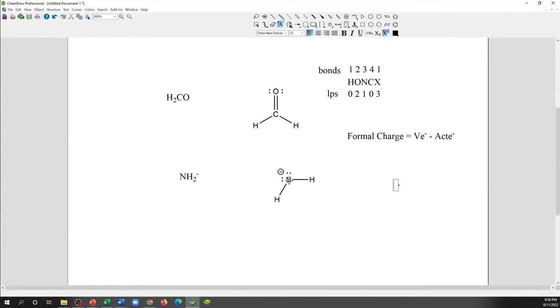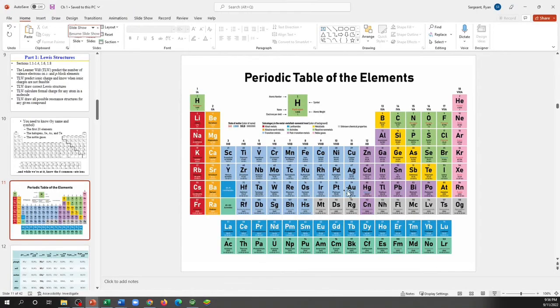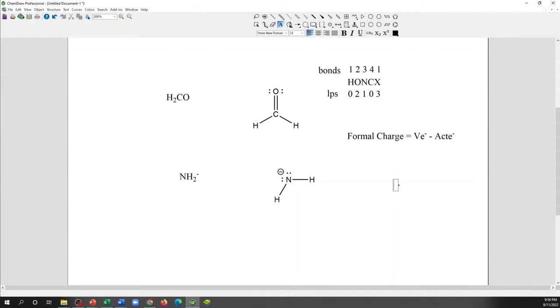So let's see what that looks like for nitrogen. Based on nitrogen's position on the periodic table, nitrogen should have 1, 2, 3, 4, 5 valence electrons. That's what the periodic table tells us. So formal charge for nitrogen is equal to 5 minus the number of actual electrons, which, for reasons I'll explain in just a second, is equal to lines plus dots.